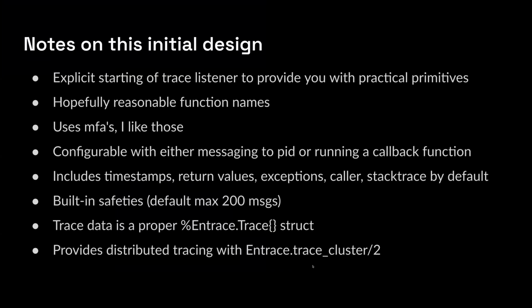So here we have explicit starting of the trace listener. This has a lot of purpose. The idea is that the trace library is the primitives for tracing under Elixir. It is not the most high level API, and we'll get to why I made that choice later.